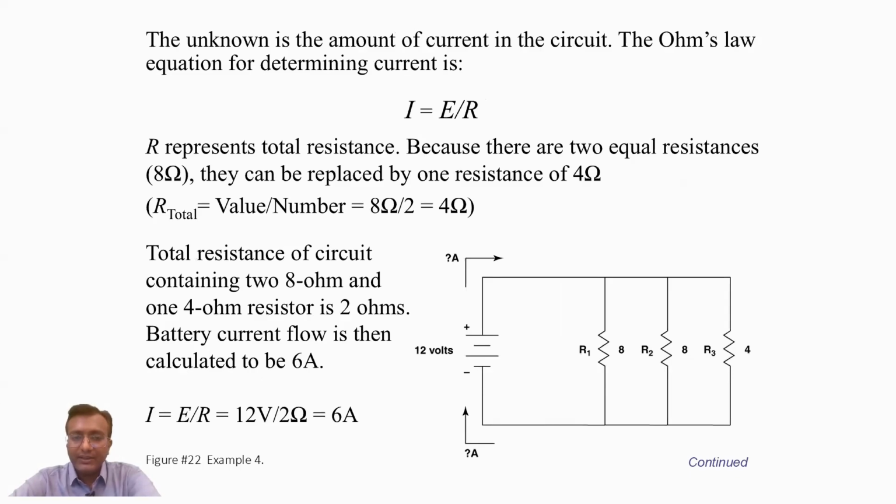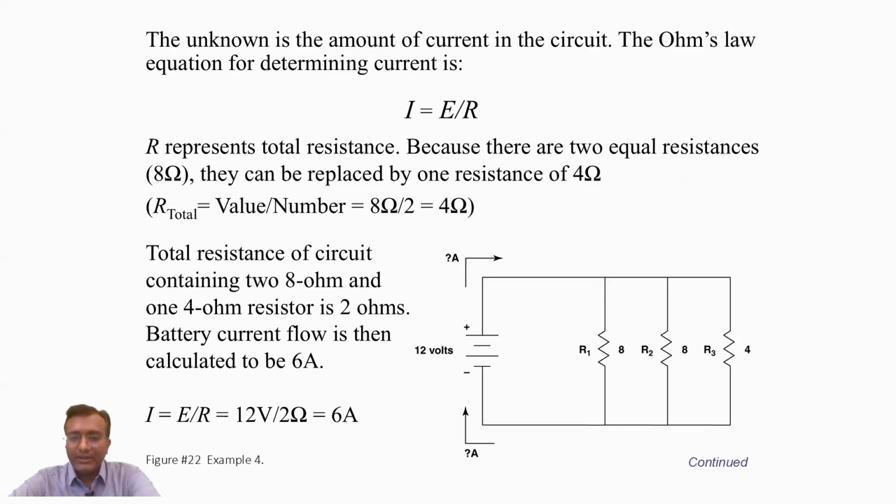Now in this case, 3 individual resistors are provided, R1, R2 and R3. So we can determine the equivalent resistance.